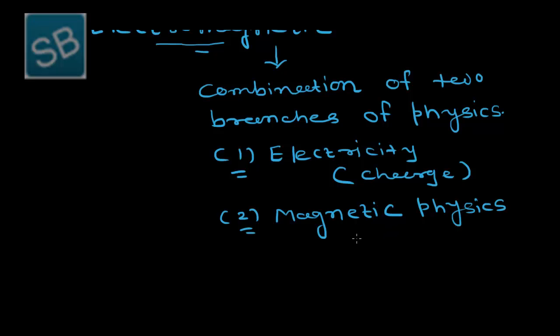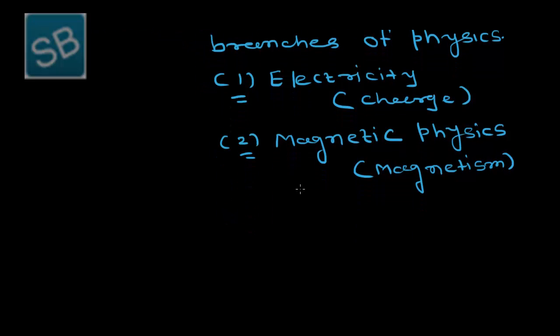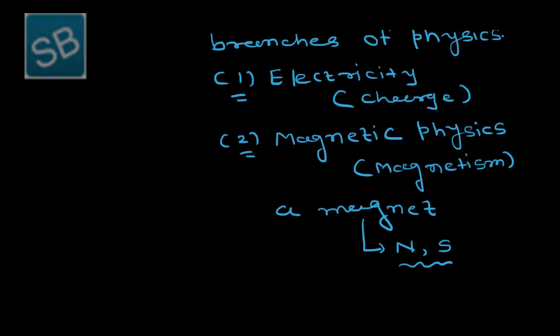in which the fundamental or basic element of magnetism is, and there is another word, magnetism, and the fundamental element is a magnet. And if we go into the detail, then it consists of a North Pole as well as a South Pole.